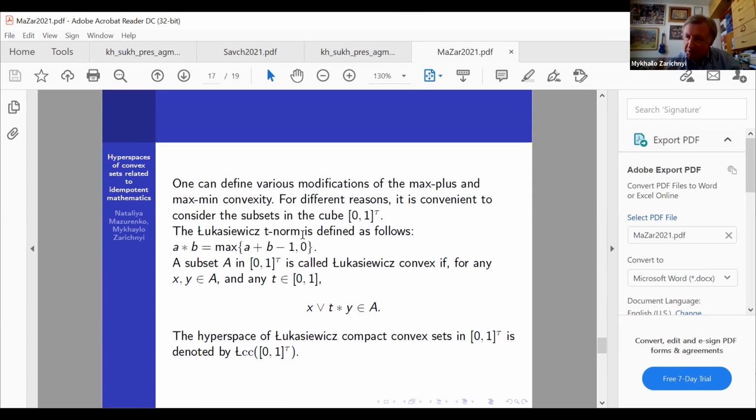A subset is called Łukasiewicz convex if for any x, y in A and any t, the following combination belongs to A. And the hyperspace of the Łukasiewicz compact convex sets is denoted by L.